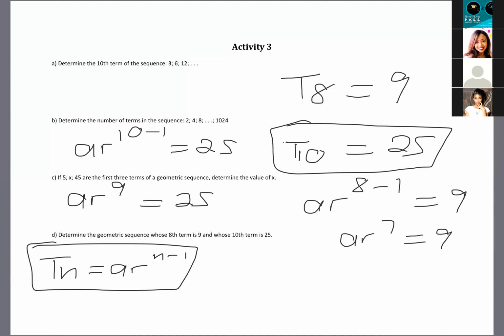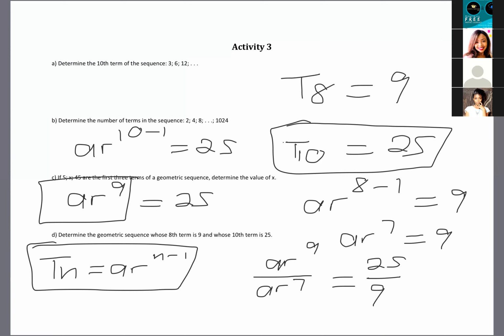So then all you do is make an equation for yourself. You're going to say ar to the power of 9 over ar to the power of 7 is equal to 25 over 9. I'm not sure if you're still with me.